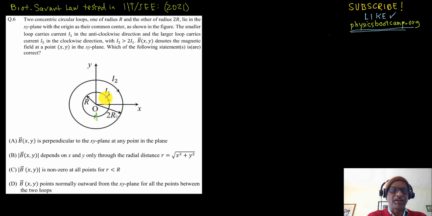And there's current I1 and some other circuit making I2. So I1 and I2 are two different circuits in a way, or two different parts of the same circuit, but they're circular.